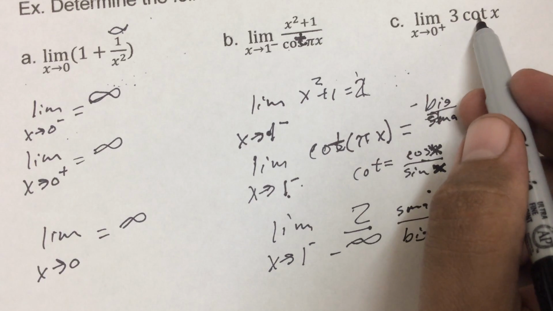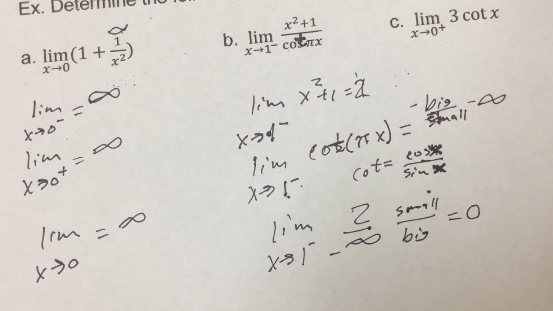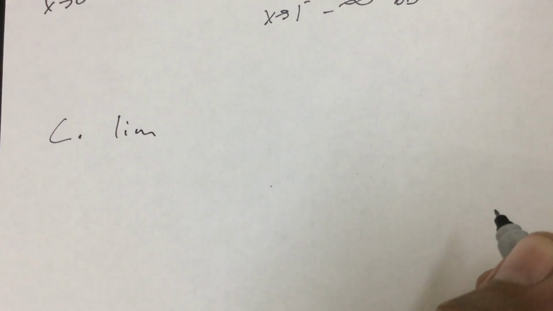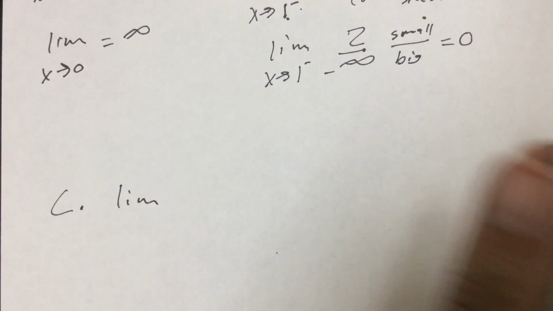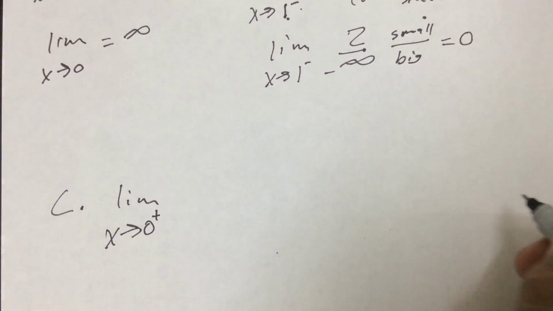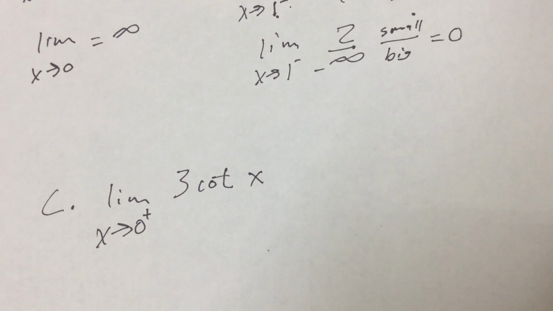Now, as far as cotangent goes, now we're just on top. So I'm going to move C down here. The limit as x approaches 0 from the right side of 3 cotangent of x.